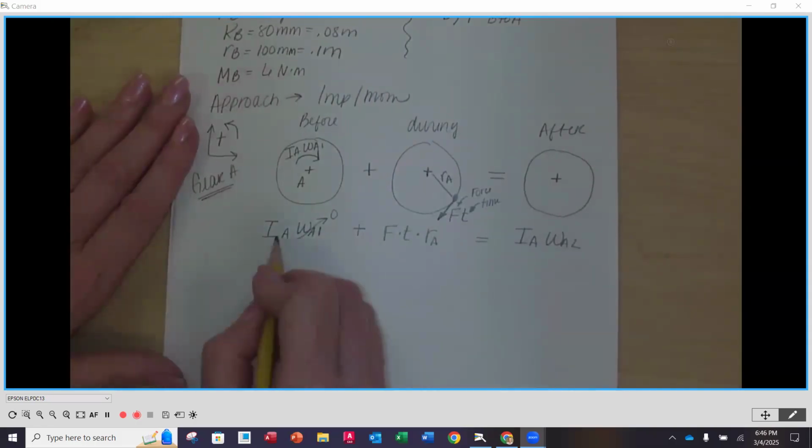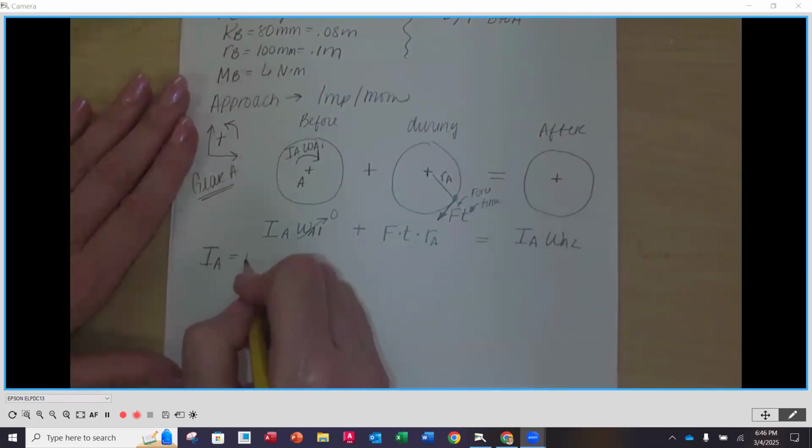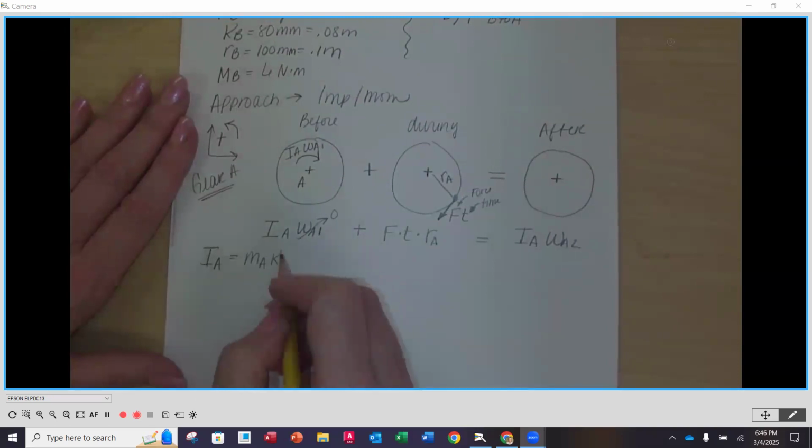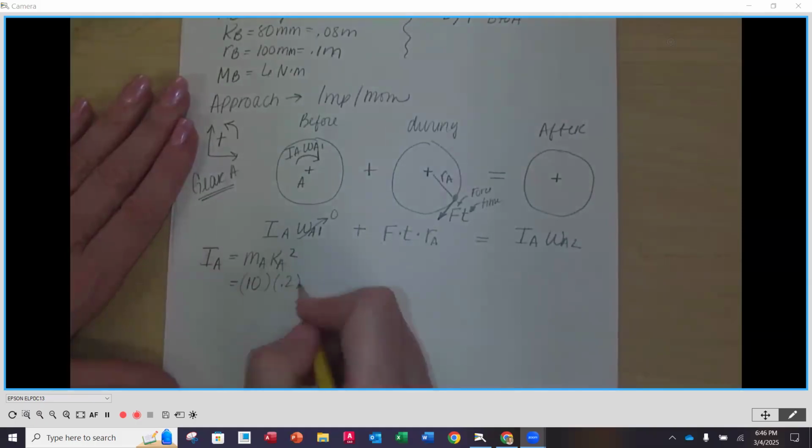Let's look at first, what are our moments of inertia? So our moment of inertia for A is going to be equal to the mass of A times the radius of gyration at A squared. So that's going to be equal to 10 kilograms times 0.2 meters squared. Do not use 200 here.